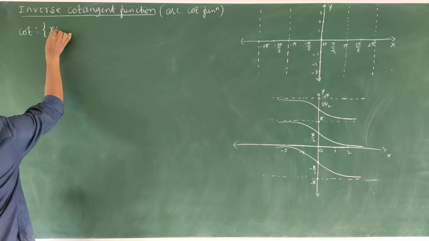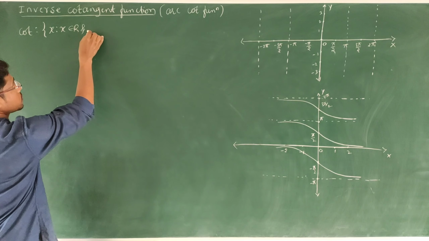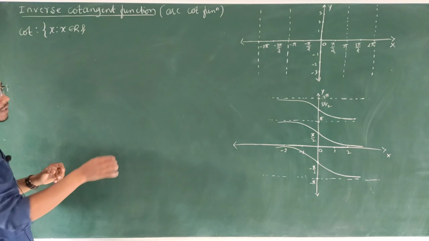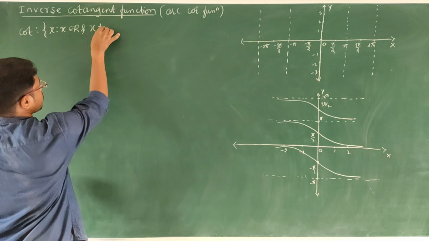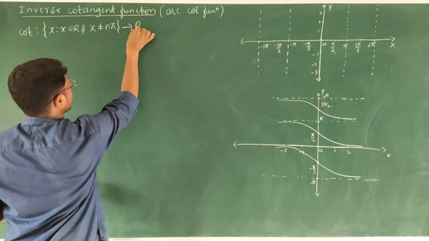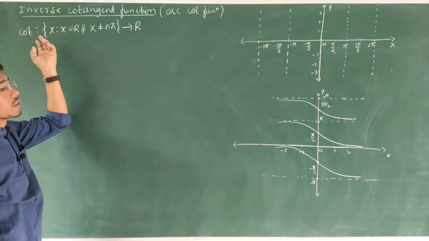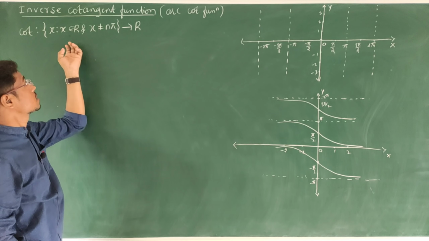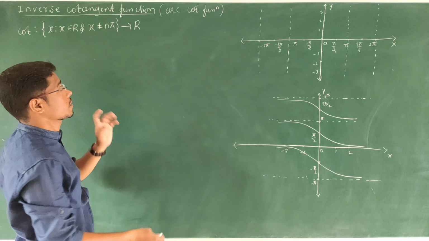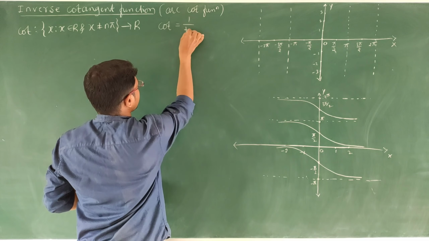Cot is defined for x such that x belongs to R and x is not equal to n pi. Okay, so this is the definition of the cot function: x belongs to R, x is not equal to n pi. As we know, cot is the reciprocal of tan.